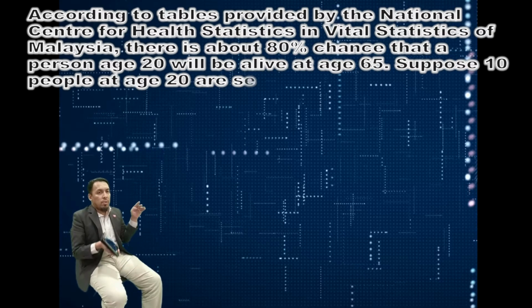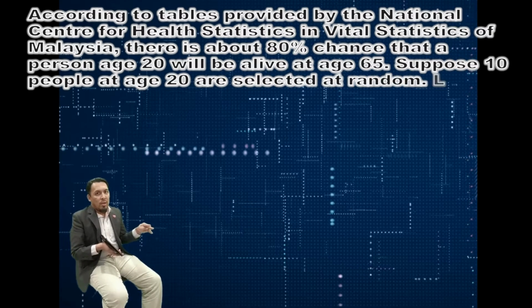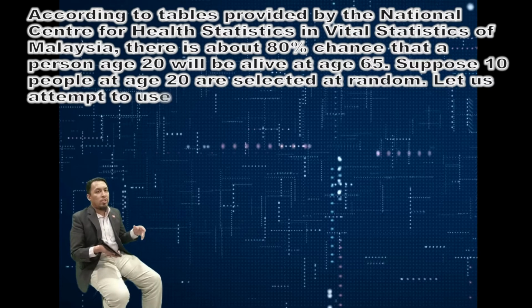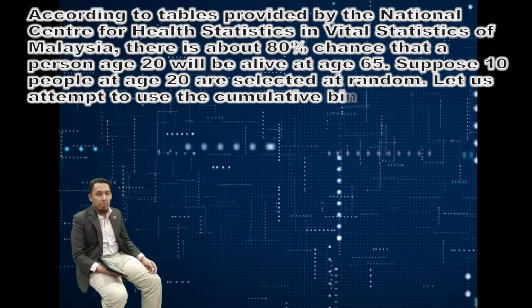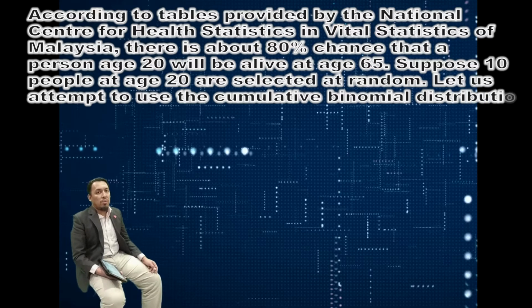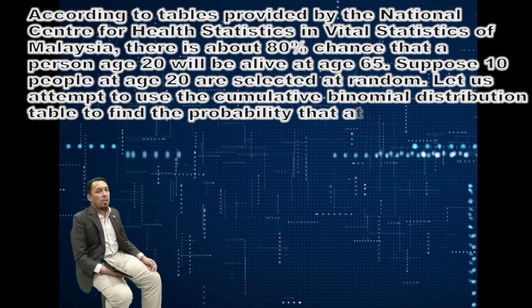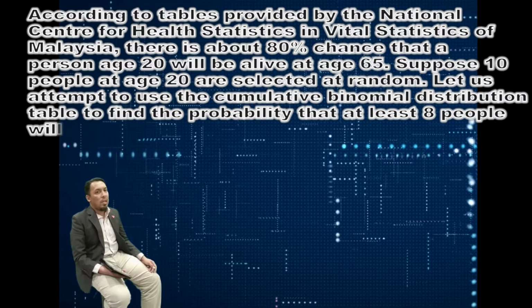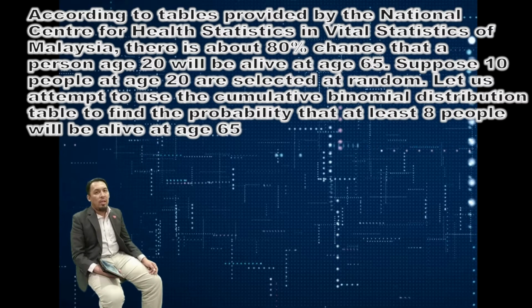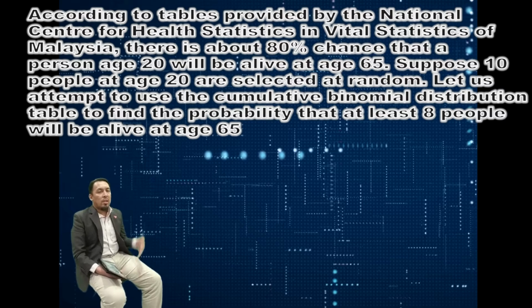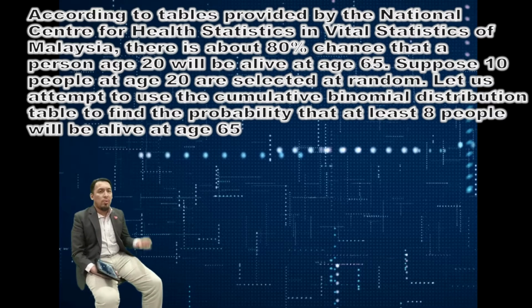Now, given that information, suppose 10 people at age 20 are selected at random. Let us attempt to use the cumulative binomial distribution table to find the probability that at least 8 will be alive at age 65.